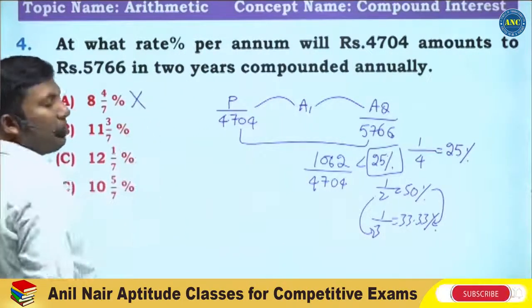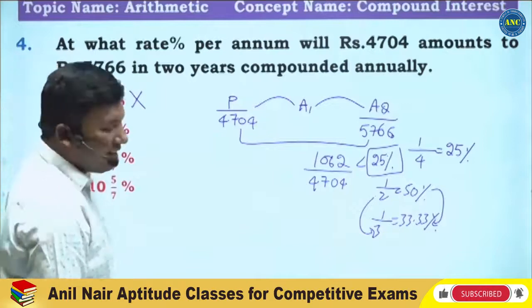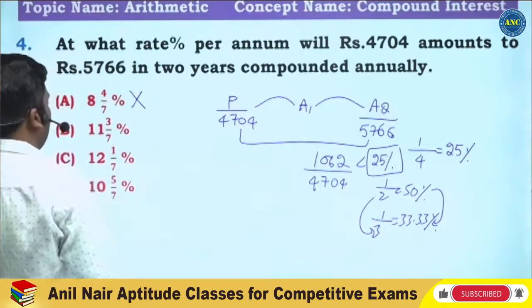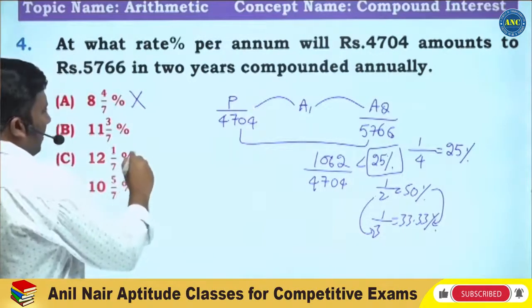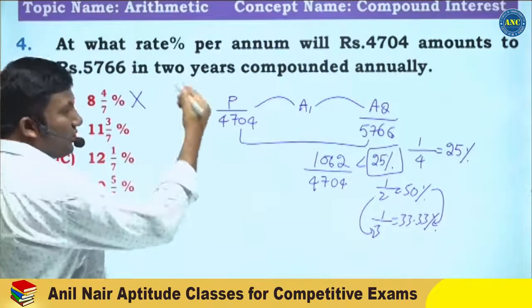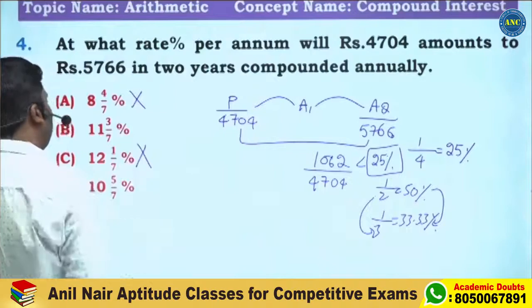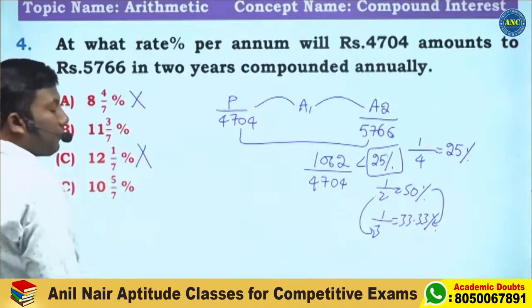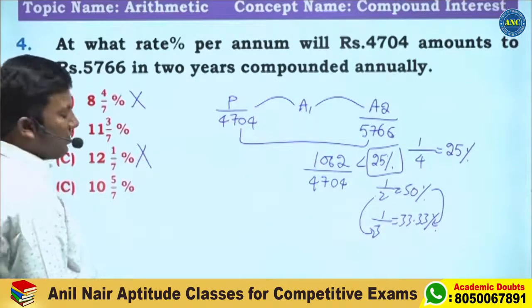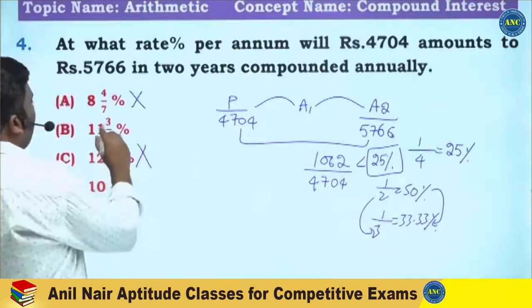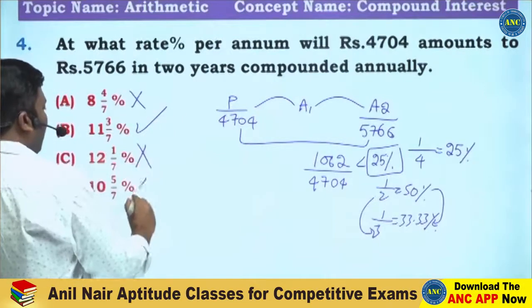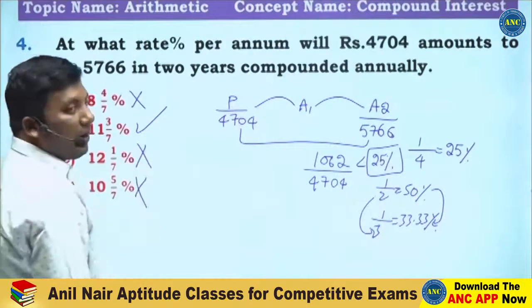8 plus 8 plus 8 into 8 by 100 is 16 point something. This is 12 plus 12, 24 plus 12 into 12, 144, greater than 25 percent. 10 plus 10 plus 10 into something, 11 plus 11 is very close to 25 compared to this value.